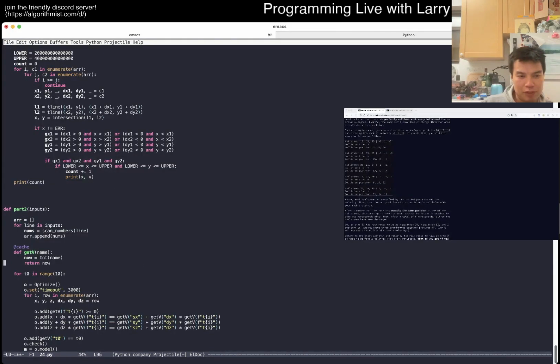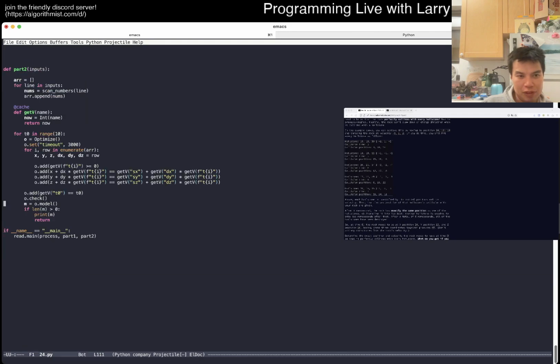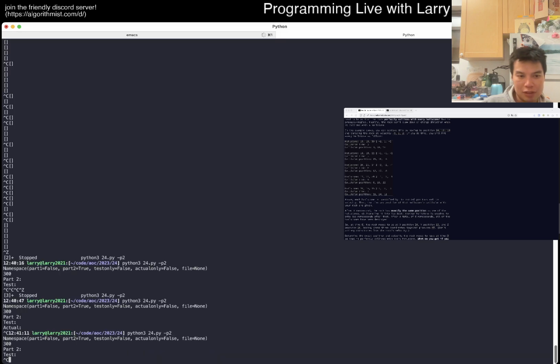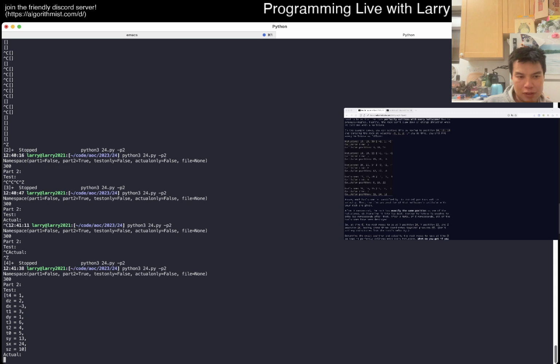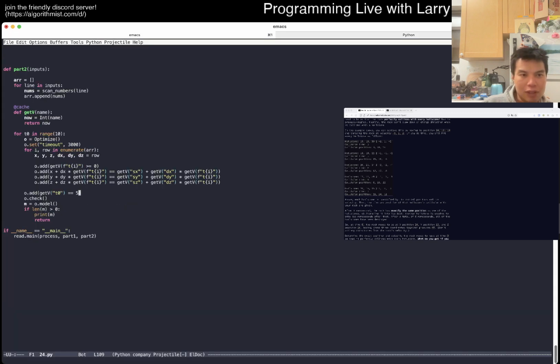Does this work before? Right, we set this to 5, it works. Yeah. So then why is this not working? Do I have to clear something?